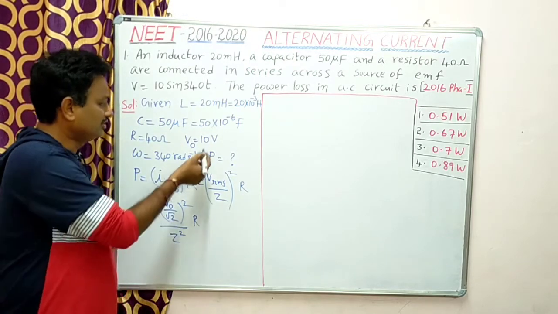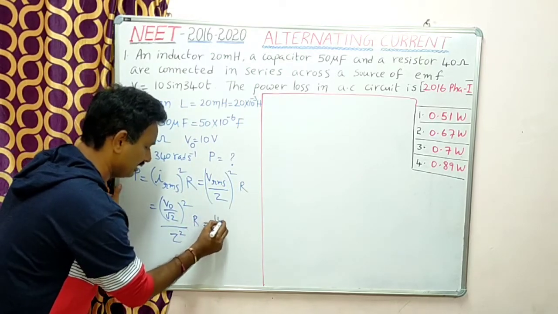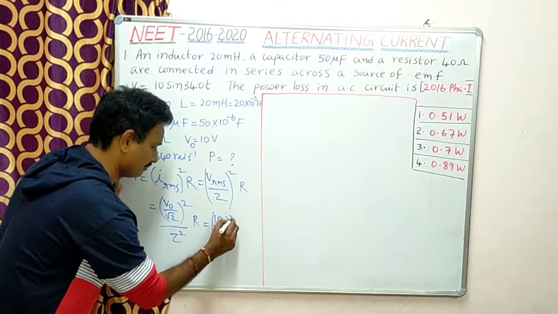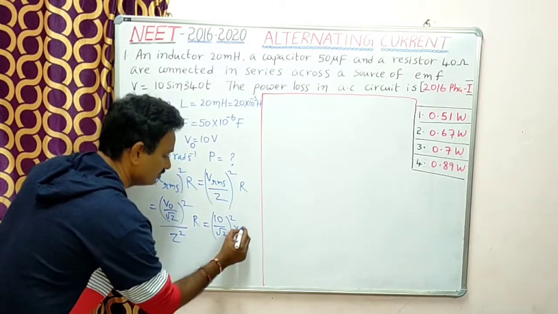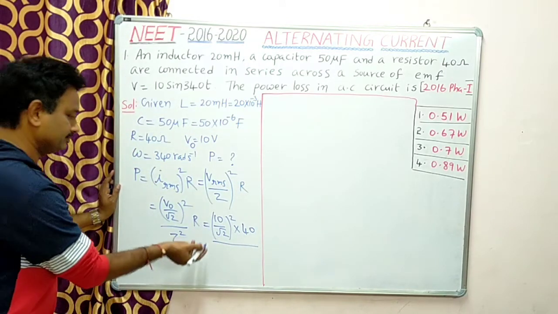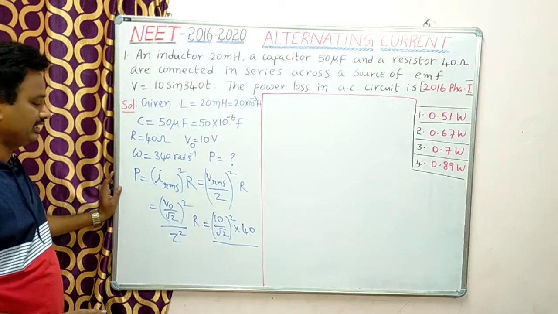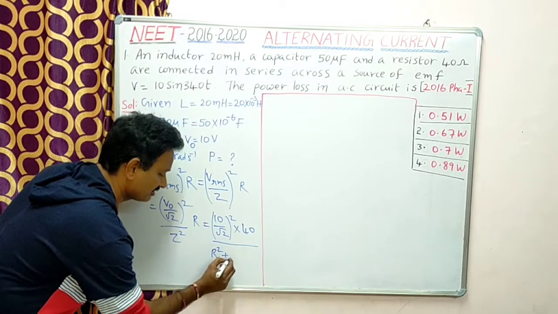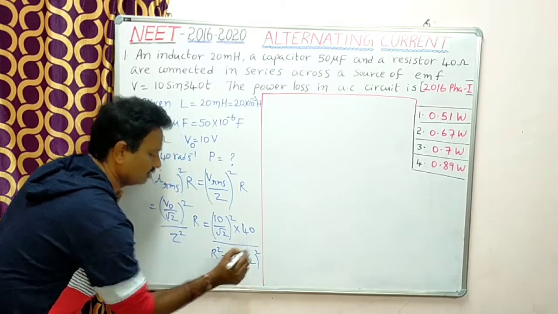I will write 10 by root 2 whole square into R, which is 40 ohm, by Z square. Z square is R square plus XC minus XL whole square.